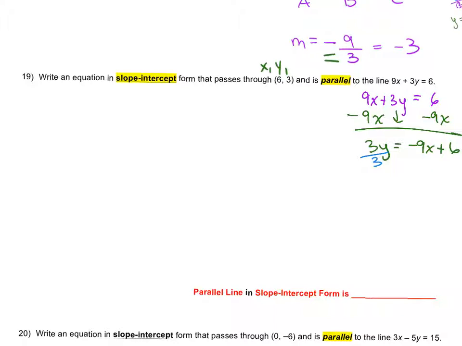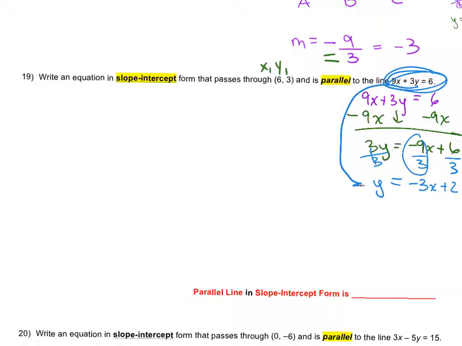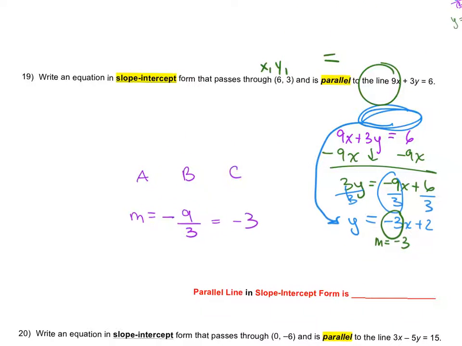Then you would be dividing everything by 3, and you would get y equals negative 9 divided by 3 is negative 3x plus 2. This equation is the same as this one. So now I know the slope of this guy is negative 3. Notice it's the same? This that I taught you up here is just a shortcut when it's in standard form.